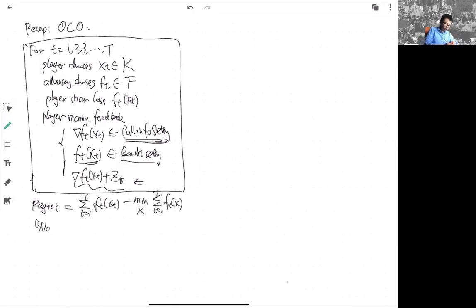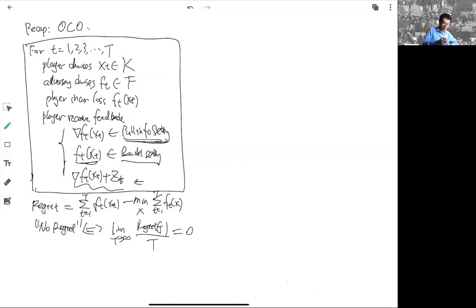If an algorithm is no regret, it means that for any possible sequences that can come out in this game, this regret over T goes to 0 as T goes to infinity. Whenever this happens, we say that this algorithm has no regret, meaning that on average, on every time step, I'm behaving as well as the best expert or the best argument in hindsight.